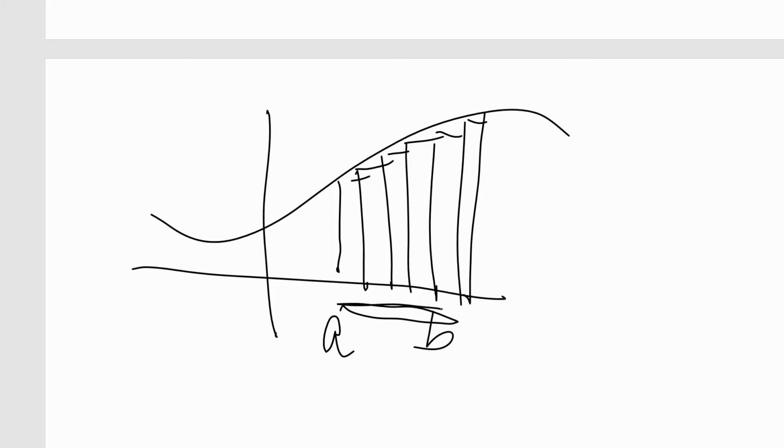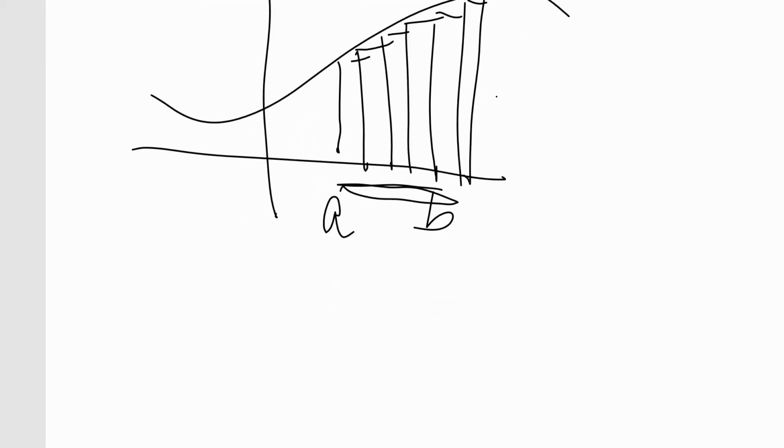So the exact area between the function, the x-axis from x equals A to x equals B, is going to be given by a limit. And it's going to be the limit as the number of rectangles goes to infinity. So we need to know how to find limits as x goes to infinity. So that's what we're going to do now.